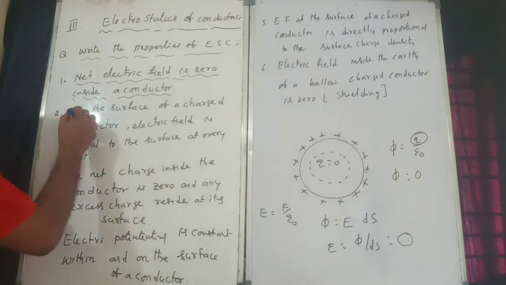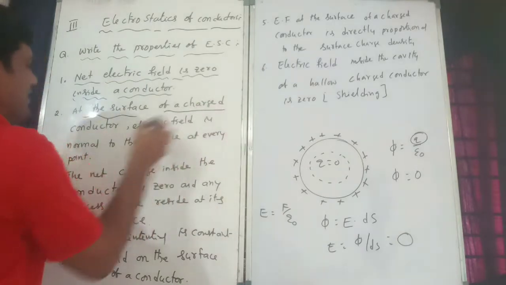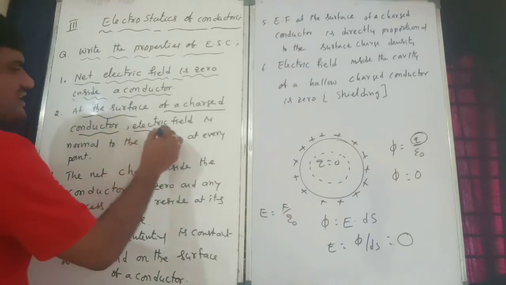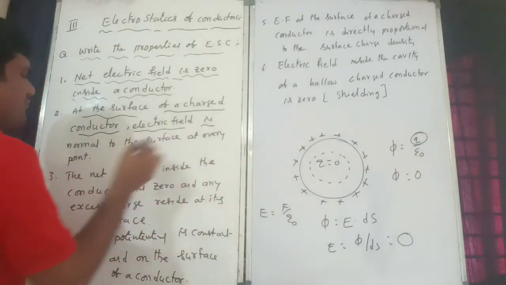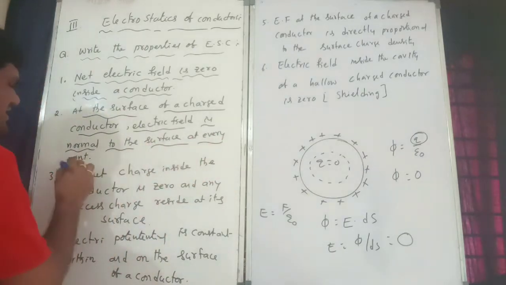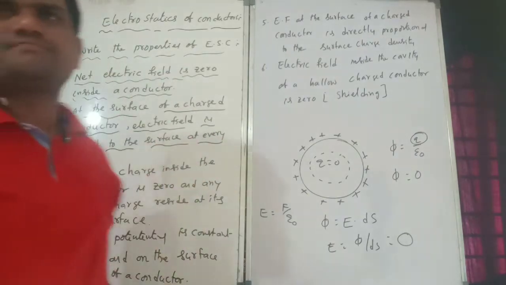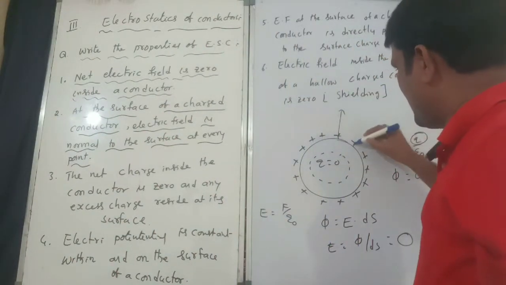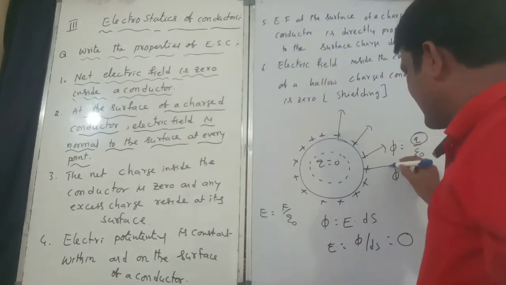Next, second point. At the surface of a charged conductor, the electric field is normal to the surface at every point. Correct or not?